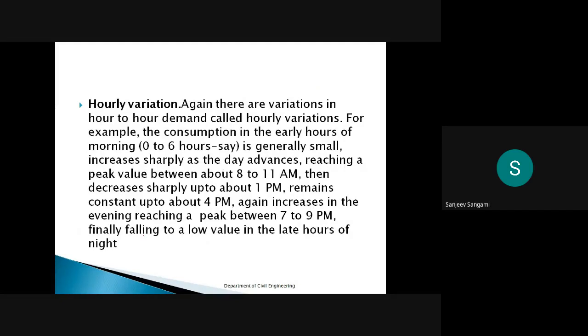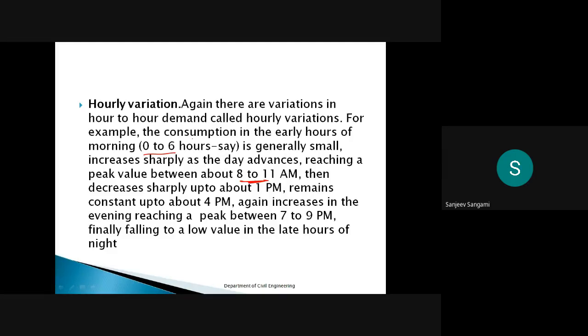Then hourly variations: how exactly does the hourly variation happen? Again, there are variations in the hourly demand, called hourly variations. The consumption in the early hours of the morning, from 0 to 6, is normally small, then increases sharply as the day advances and reaches a peak between 8 and 10. Assume from 6 to 8 it is very little, 6 to 7 especially.